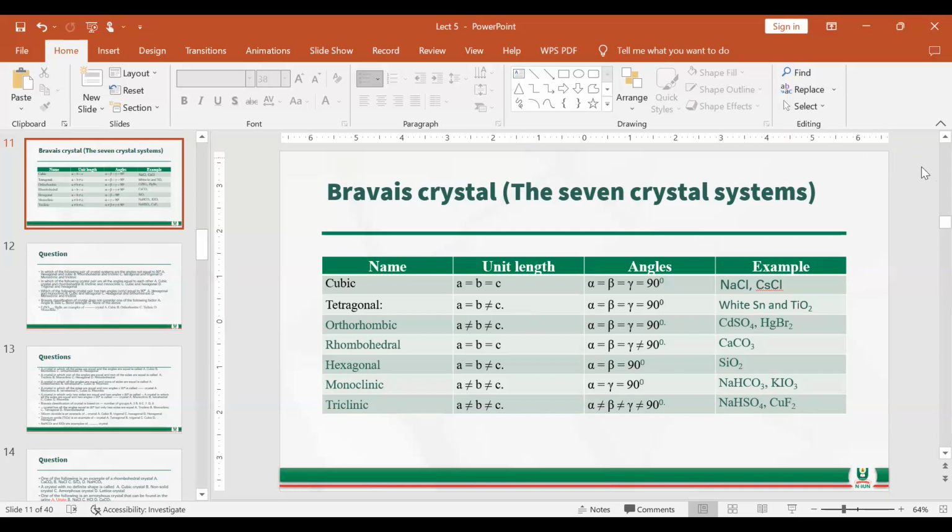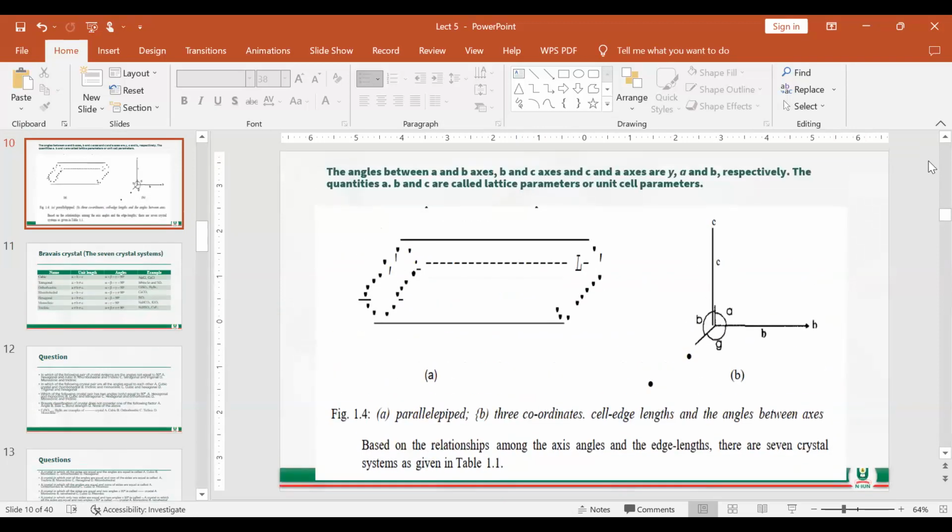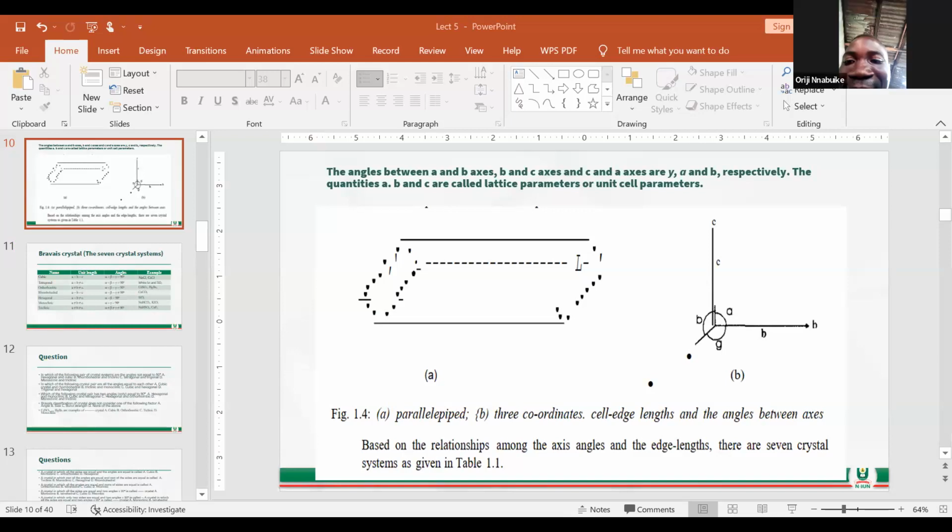Let me take you through a demonstration. Let me see if I can bring you the diagram. Don't worry, it's possible to have that.